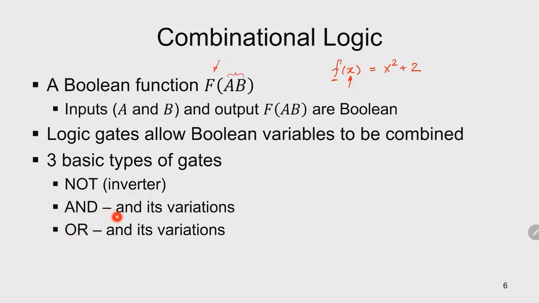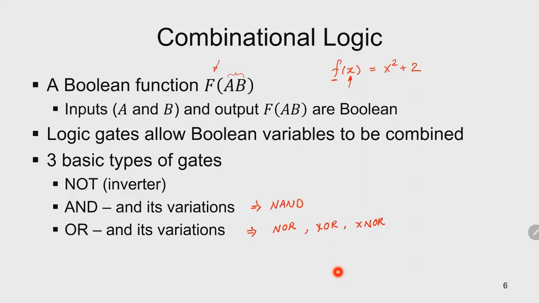And for the AND gate, we have its variation, the NAND gate. For the OR gate, we have the NOR gate, the exclusive OR gate, and then the exclusive NOR gate.